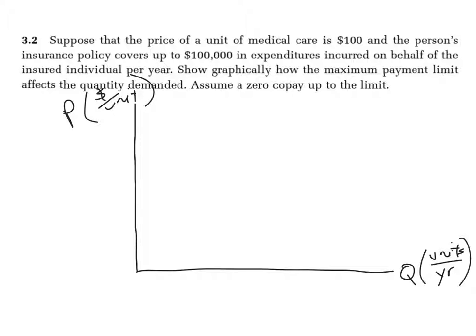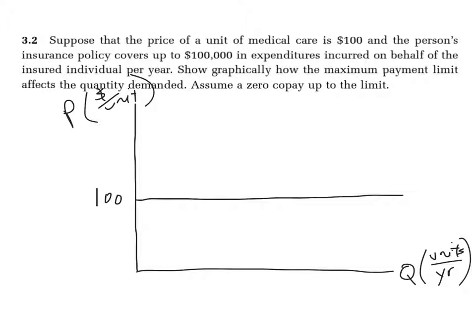And we're given here that the cost per unit is constant at $100. So that's just the price charged. Now, what the individual pays and what the insurance pays depends on the nature of the coverage.